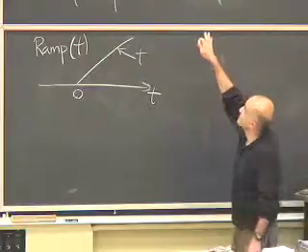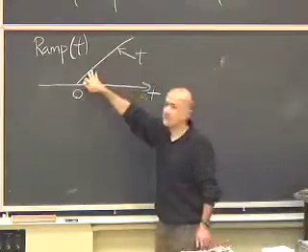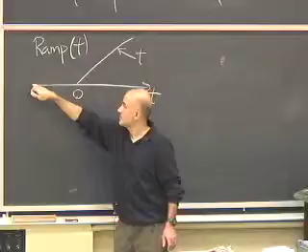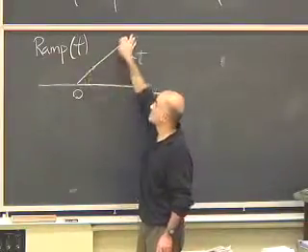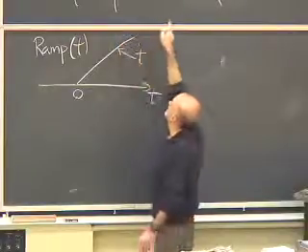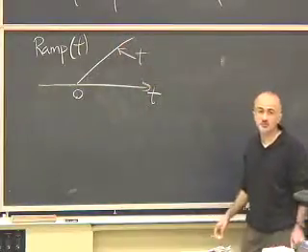So you can also say the unit step is the derivative of the ramp. When you differentiate the ramp, you get 0, all the way up to 0. And then suddenly it jumps to a slope of 1. And that's why the value of the unit step is 1.